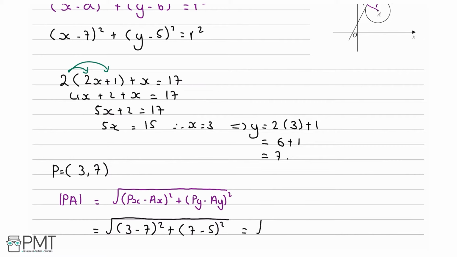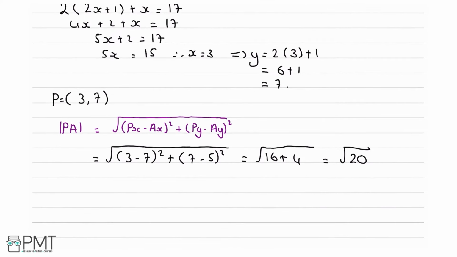So this equals the square root of 3 minus 7 is minus 4, and minus 4 squared is 16, plus 7 minus 5 is 2, 2 squared is 4, which equals the square root of 20. Okay. So what we can write here is r equals the square root of 20, and remember, for our equation of the circle, we need r squared.